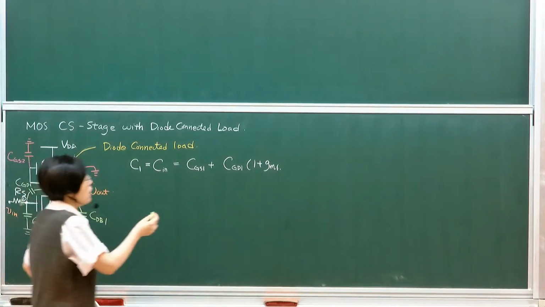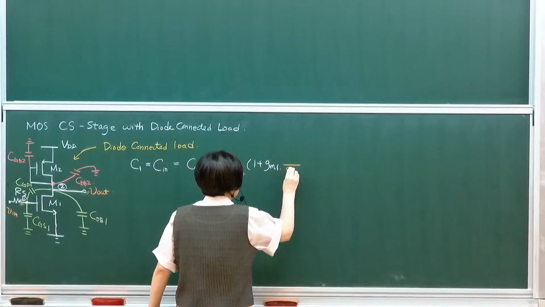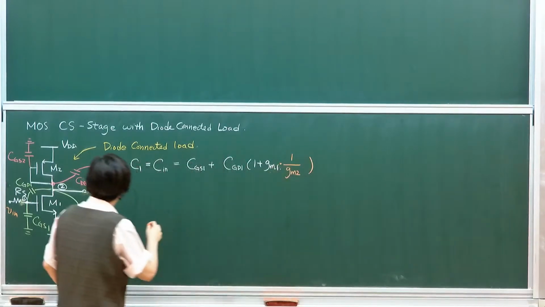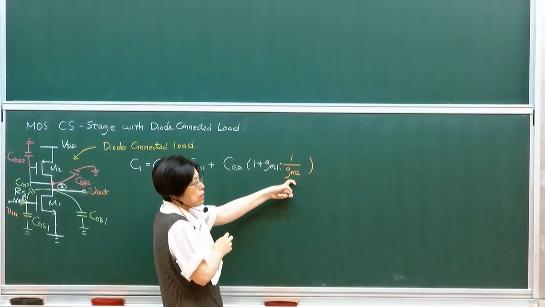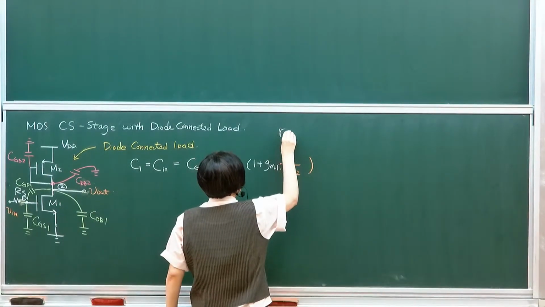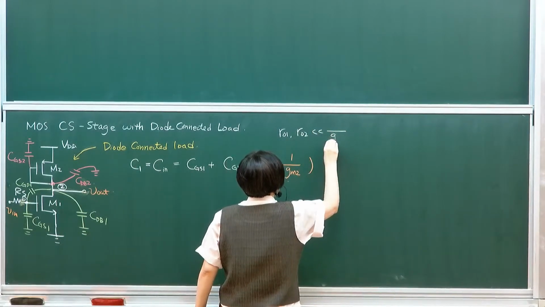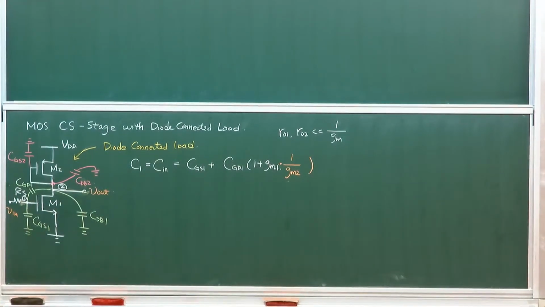So that's when you get 1 over gm2. The effective resistance you're seeing at this terminal, you ignore the output resistance because this is much, much smaller than the output resistance. This assumes that RO1 and RO2 are both larger than 1 over gm, which is mainly true in most cases.